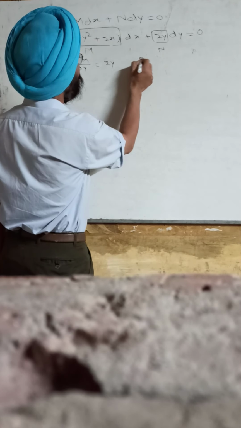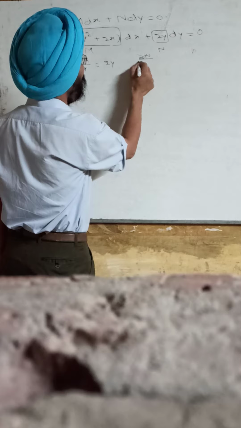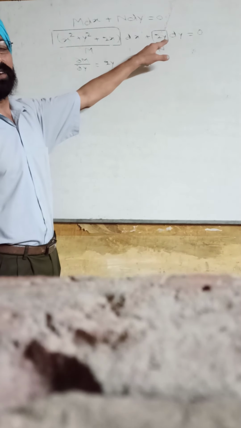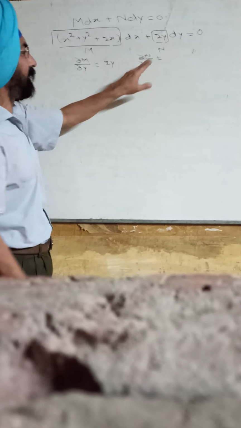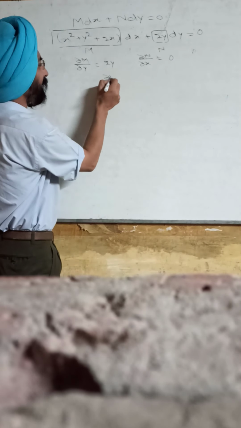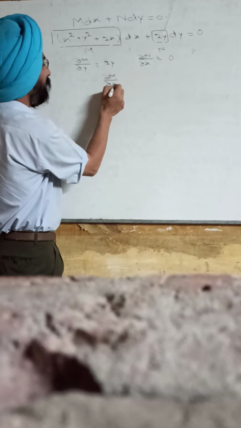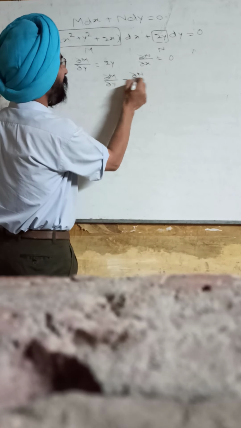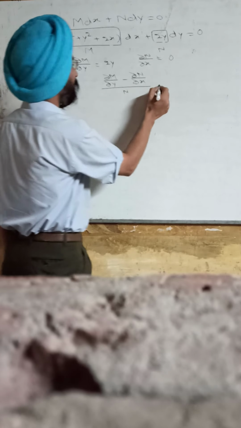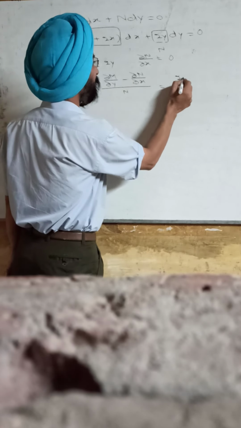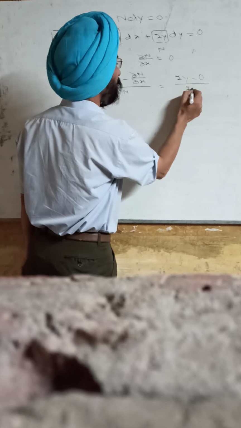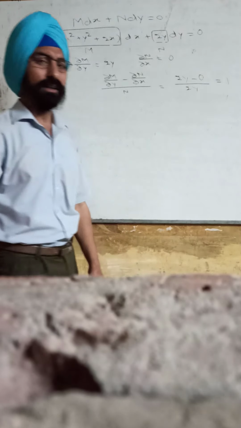On the other side, curly n by curly x: n is 2y, and when you differentiate it partially with respect to x, the derivative will become 0. What is curly m by curly y minus curly n by curly x, divided by n? This is 2y, this is 0, and your n is 2y, so it is 1.